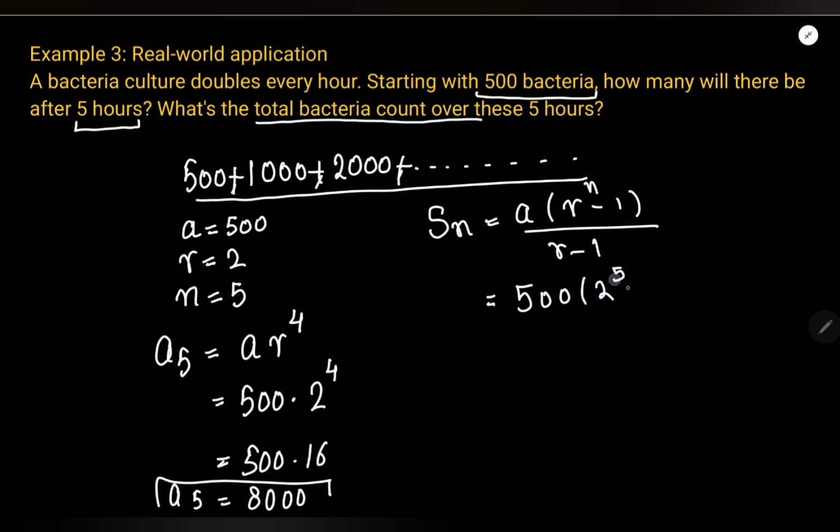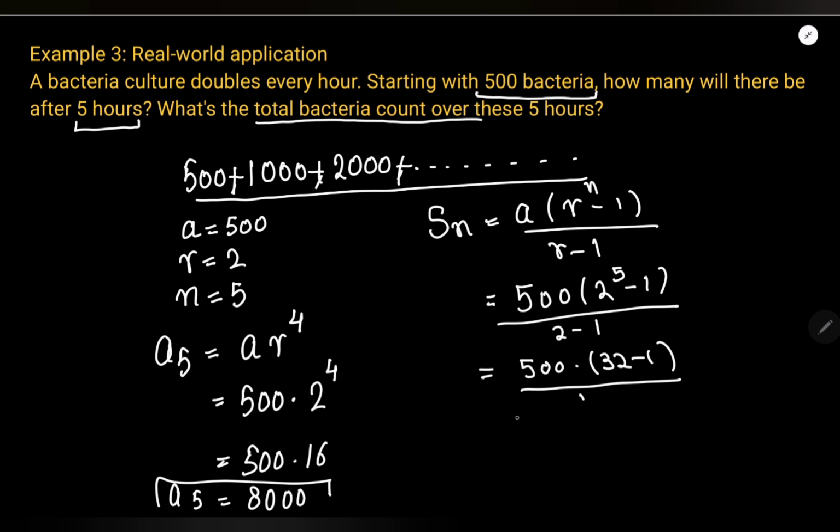N is 5. 2 raised to power 5 minus 1 divided by 2 minus 1. 500 times 2 raised to power 5 is 32 minus 1, by 2 minus 1 is 1. So 500 times 31, when you multiply them, you will get 15,500 bacteria total in 5 hours.